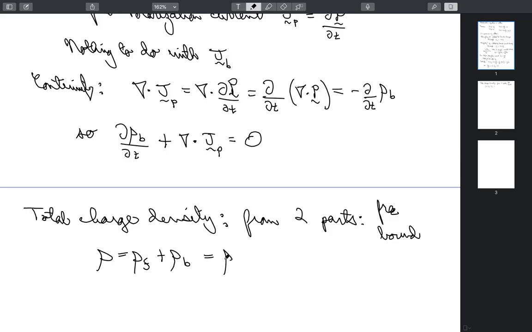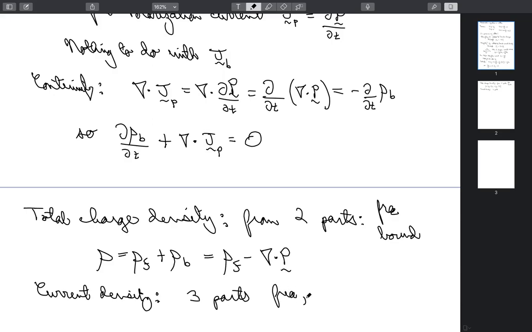And this is really just rho free minus the divergence of the polarization. Okay, so for currents, we have a separation in three parts. Namely, we have free, we have bound, and we have the polarization.